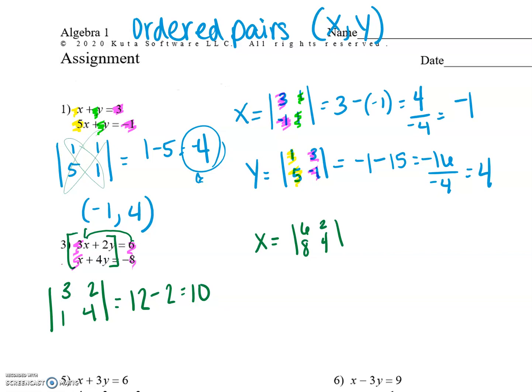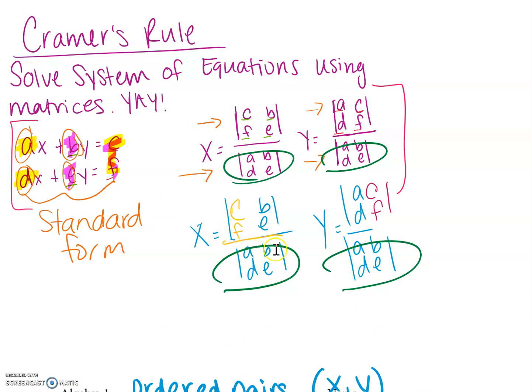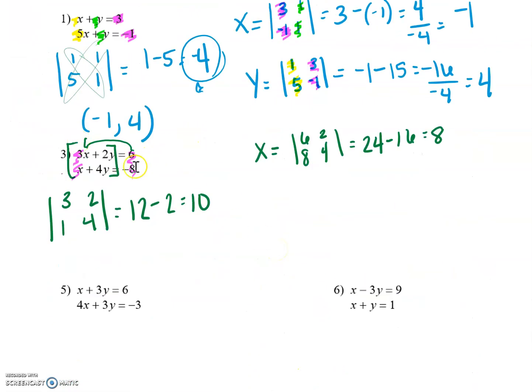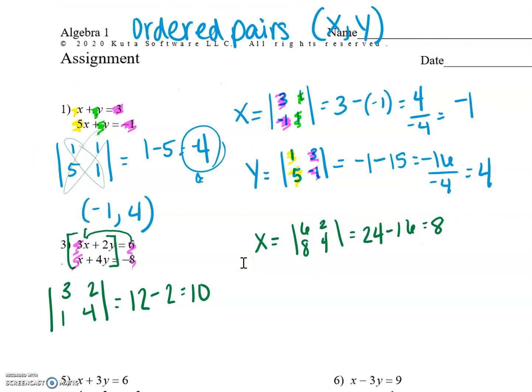Okay, to our little crisscross multiplication, 6 times 4 would be 24 minus 2 times 8, which is 16. So then we subtract that, which would be 8. But don't forget, if you're doing it kind of segmented like this, don't forget to divide by this value right here. So divide by 10 and we get 4/5.